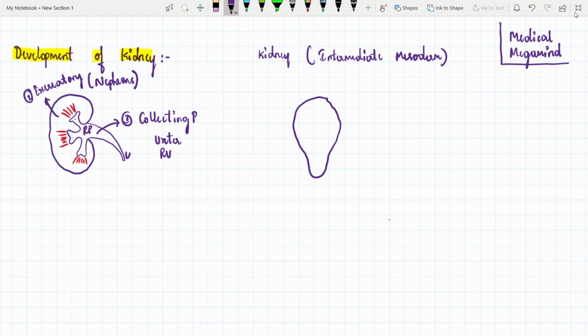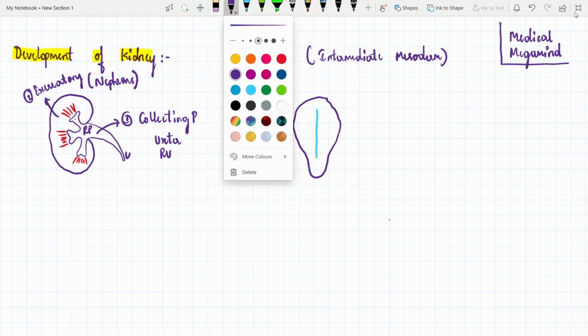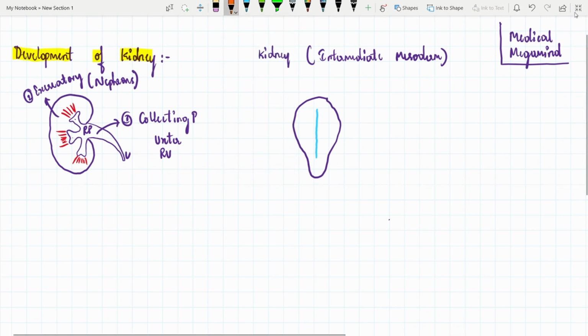In the center, you can see the notochord. Just beside the notochord, you can see the paraxial mesoderm, in orange, I am writing. Paraxial means the mesoderm present right and left of the notochord, right?